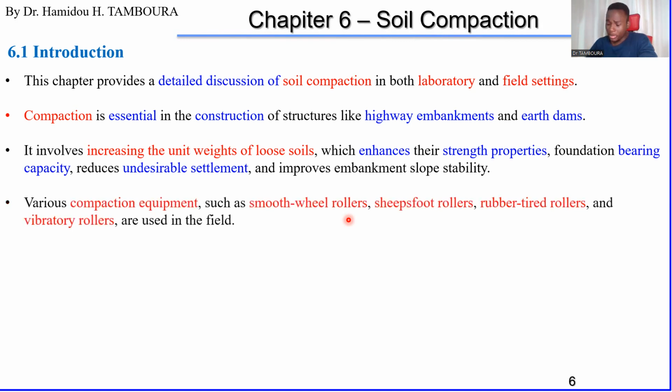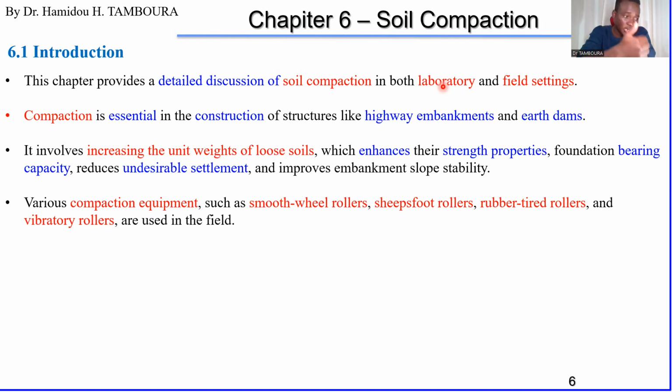So how do we do compaction? As I told you, we can do compaction in the lab and the field. But even the compaction that we do in the lab is just to help us conduct good compaction on the field.